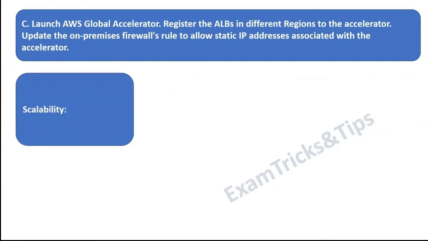First one is scalability. Global Accelerator provides a single entry point to all ALBs across regions. This eliminates the need to manage individual ALB IP addresses in the firewall rule, simplifying future scaling of ALBs. So this is your single entry point, and you don't have to worry about the IP addresses of other ALBs. That's the key and unique selling point.